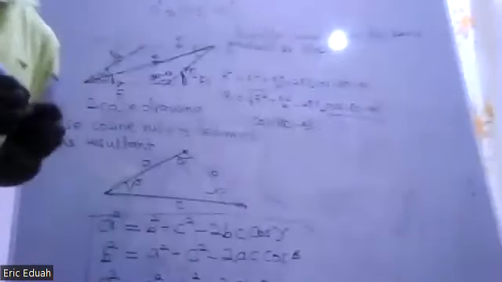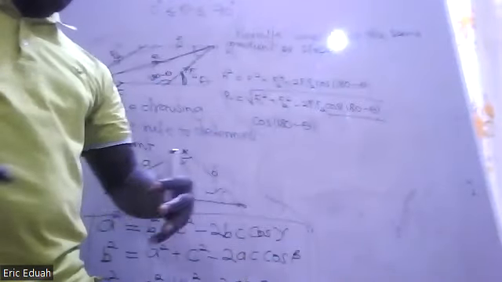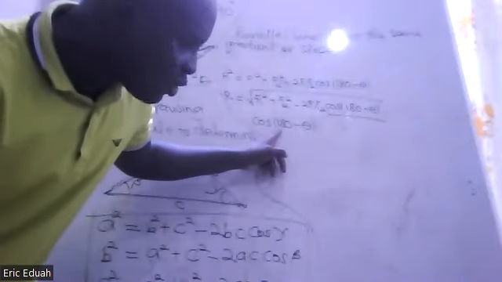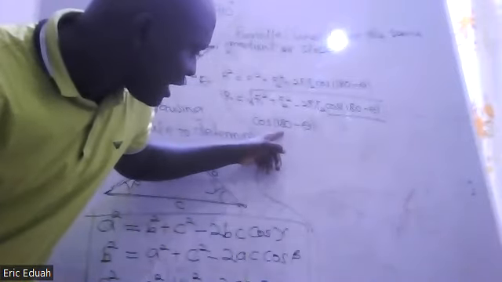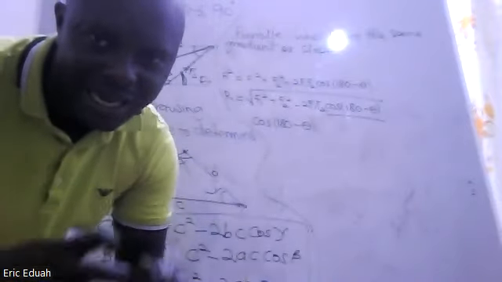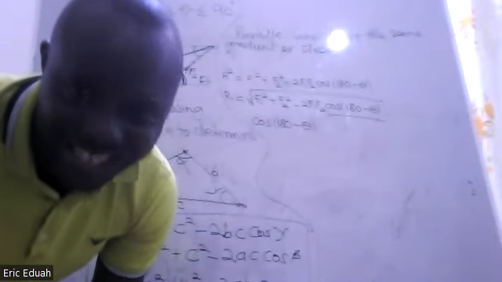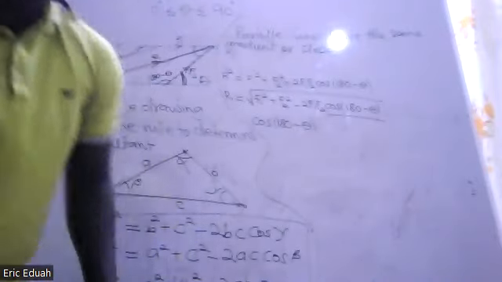We can expand it. This is what we call a compound angle. Compound because it isn't only one angle, but one angle minus or plus another angle. So we can expand it. Please fasten your seatbelts and let's expand it.